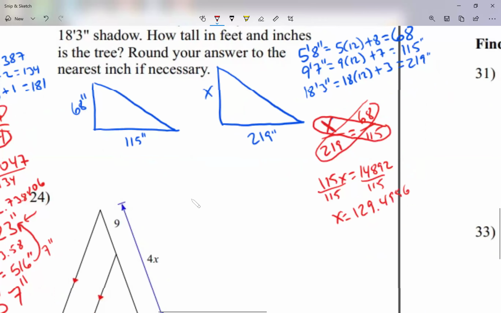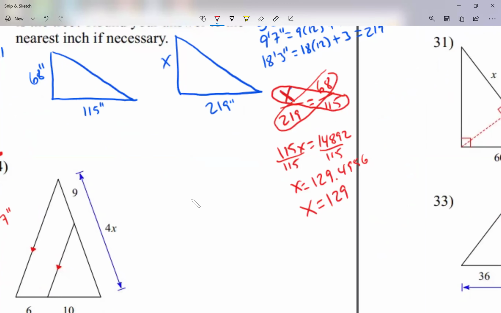Let me round it to the nearest whole number, because remember, this measurement is in inches. So 129.4, I'm just going to call this 129 inches. Okay. At least I found the number in inches.